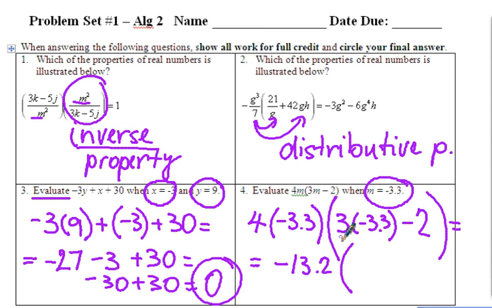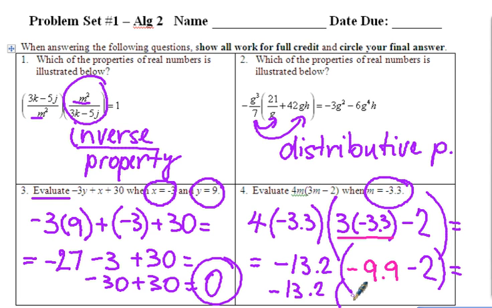When we multiply, you know that multiplication goes before subtraction, so we have to solve this. It's negative 9.9. And then we are subtracting what we have here, negative 2. We will be multiplying negative 13.2 times, and pay attention, we have two negative numbers.